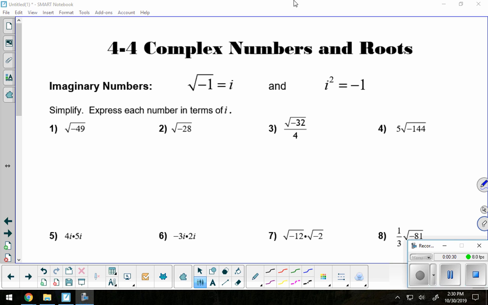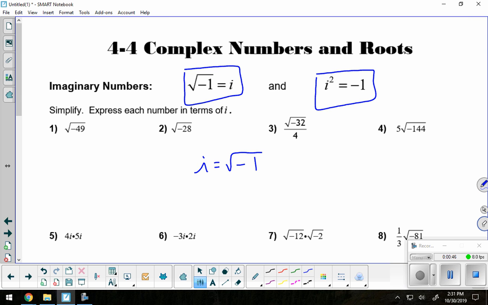Just knowing that if you take the square root of -1, you get i, and that i squared is -1. And one is actually derived from the other one. So if you know the fact that i is equal to the square root of -1, just think about it like this.